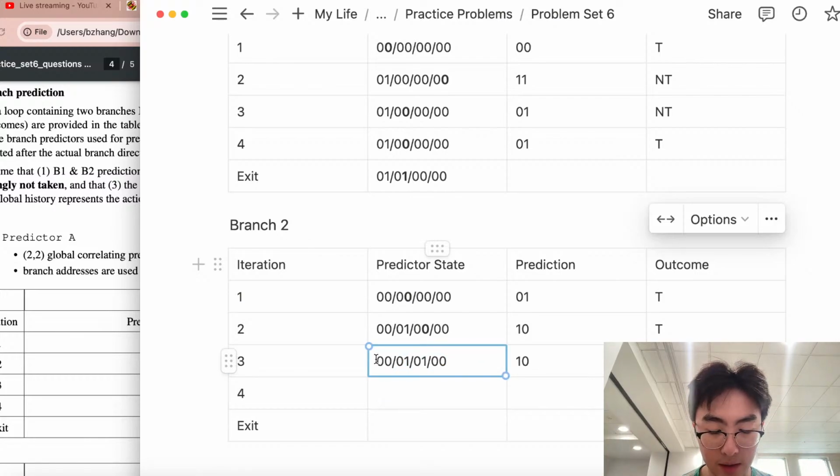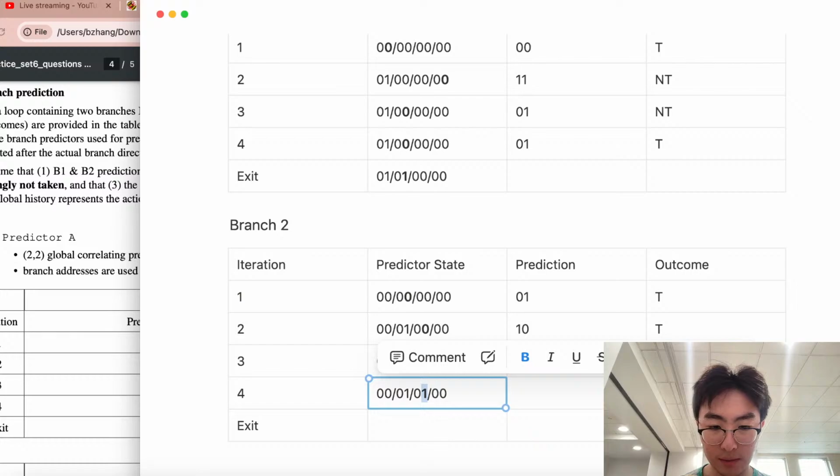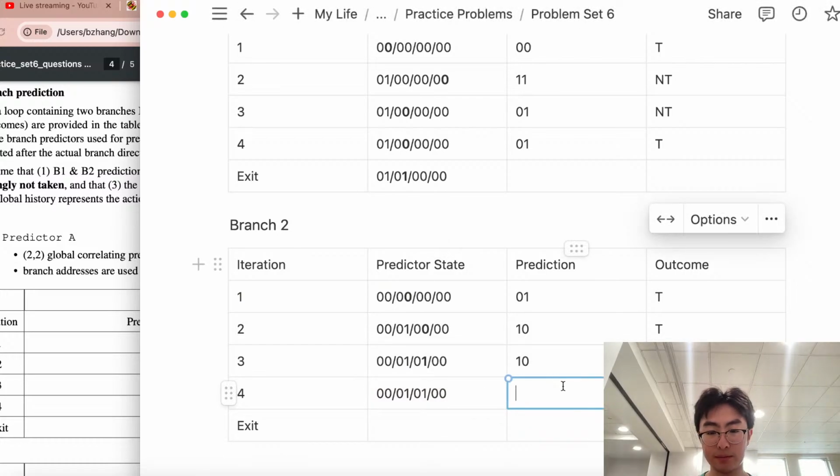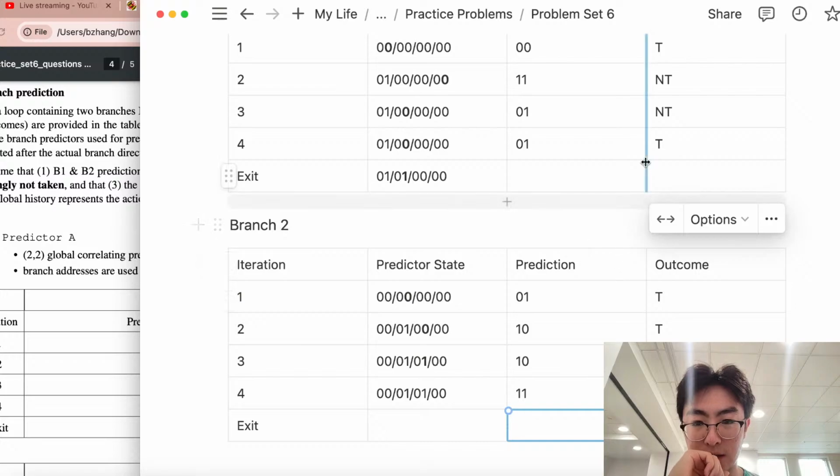So now we could take a look at this, and we've indexed. Yeah, so this is the same. It's the same here. But now our prediction bit is 1, 1 because it's taken and then taken.